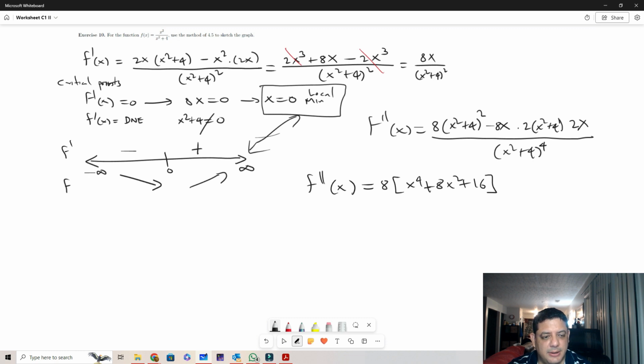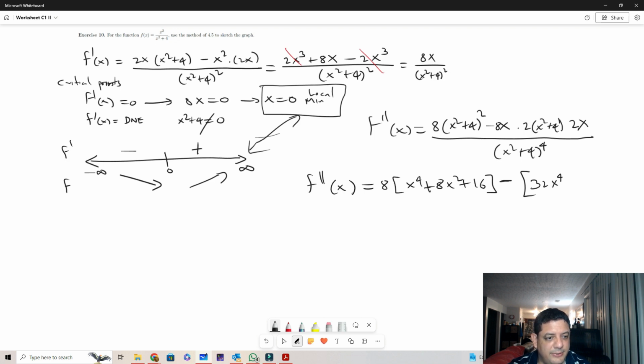And then minus, and then I have to multiply all this, so 8x by 2 is 16x cubed, by another 2, so it's 32 x to the 4th. x and x and x is x to the 4.